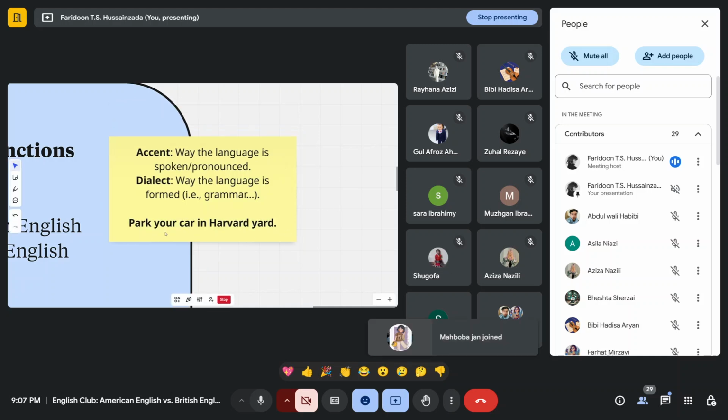Of course, in general American, in North American English accent, we just say, park your car in Harvard Yard, pronouncing all of the Rs. But in Boston accent, they don't do that. In Boston accent, they pronounce it like, park your car in Harvard Yard. Park, park. Okay? Park your car in Harvard Yard.